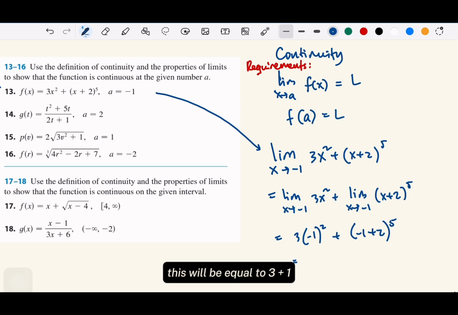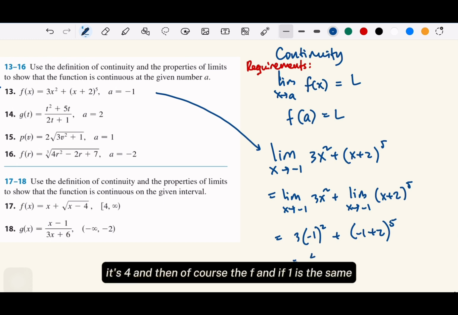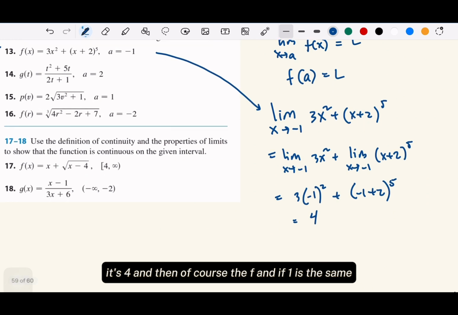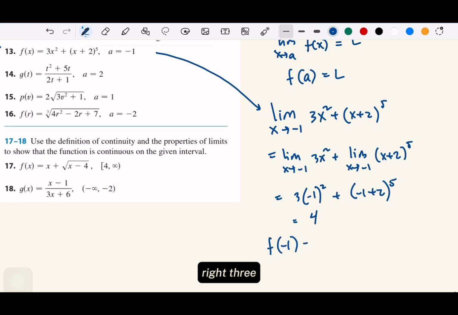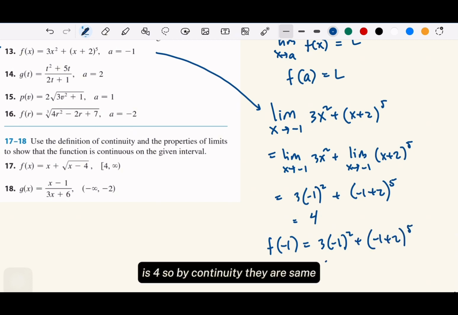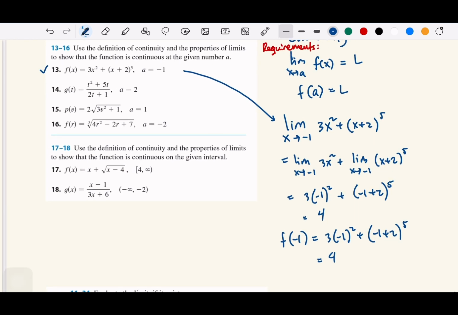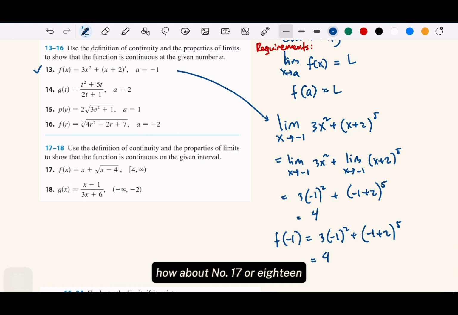This will be equal to 3 plus 1, which is 4. And then, of course, f of -1 is the same, which is 4. So by continuity, they are the same, and we say that it's continuous, right? Okay, how about number 17 or 18?